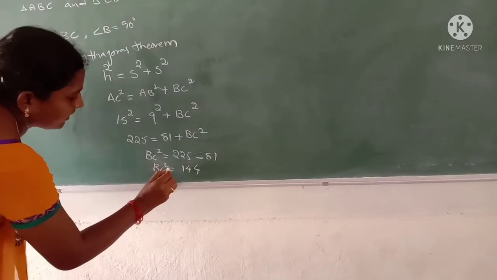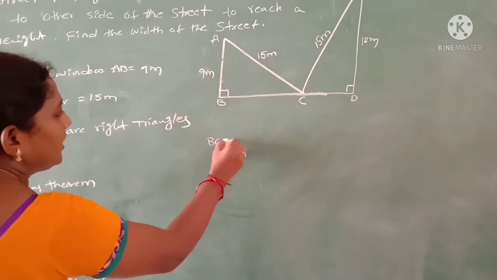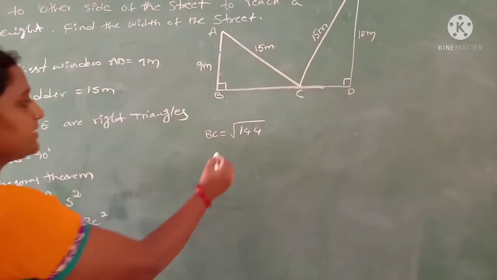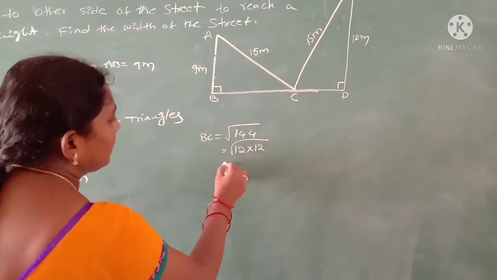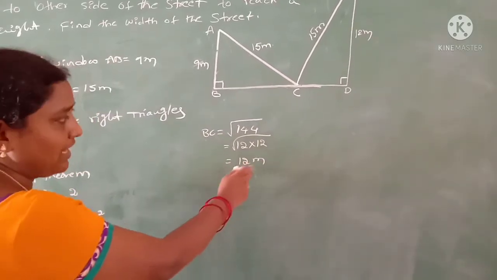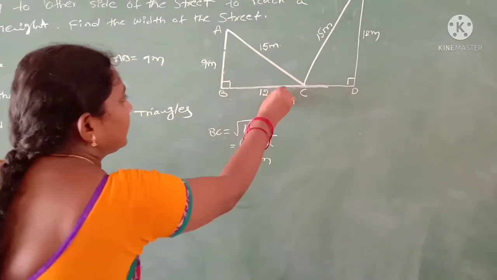BC square equals 144. Next we find BC equals root 144. Root 144 means 12 into 12. So BC equals 12 meters. So we found the first BC value, 12 meters.